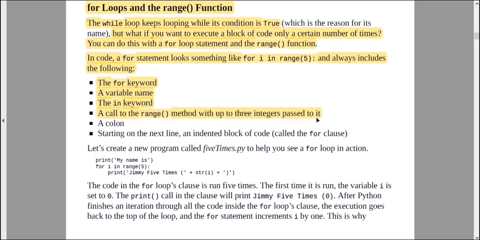The 3 integers passed to the range function are the initial value, the final value, followed by the steps, and then it is ended with a colon, and starting on the next line we have an indented block of code. It is also called the for clause, like the if clause and the while clause.